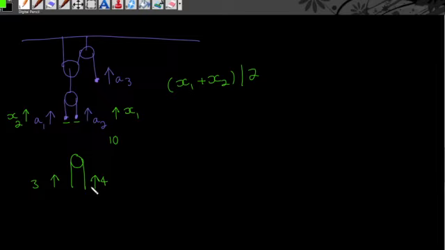Then it would not be conserved because the string would suddenly be compressed, so it goes down to 3. But what if we move the pulley up by 7 to save string?